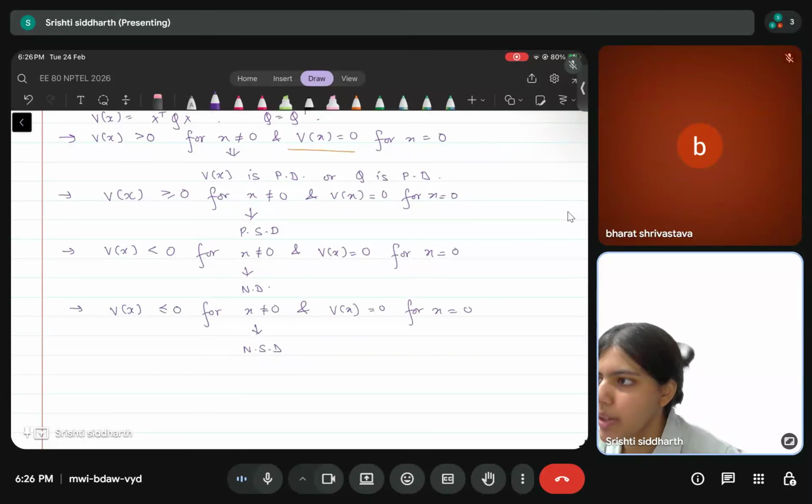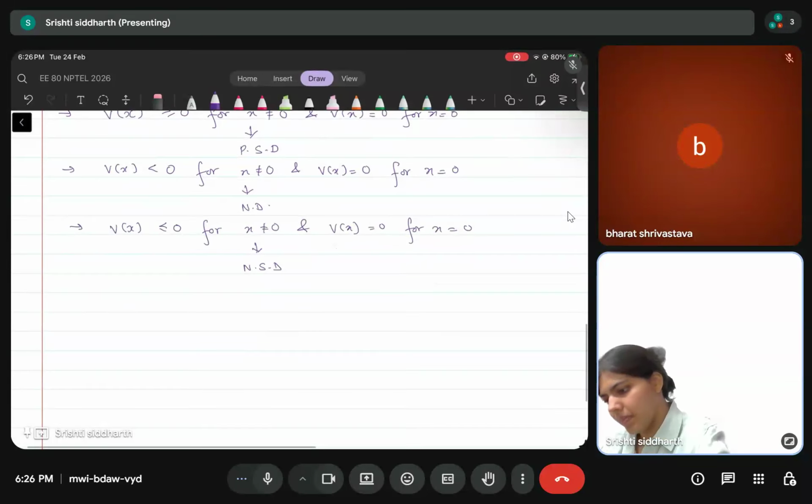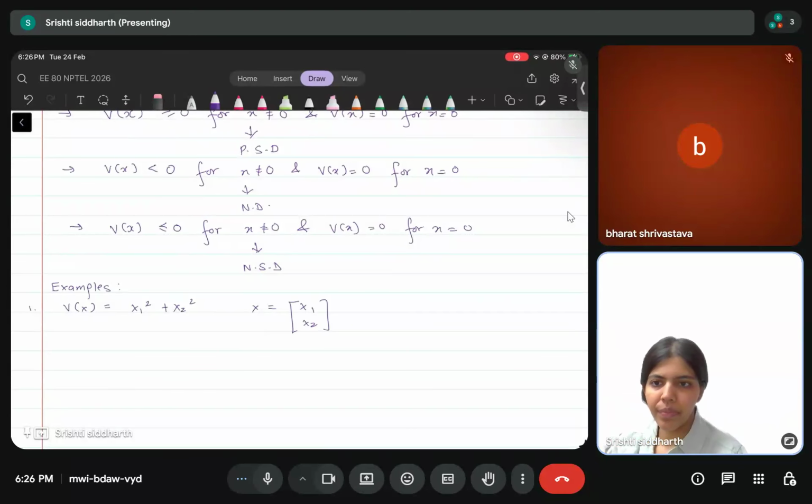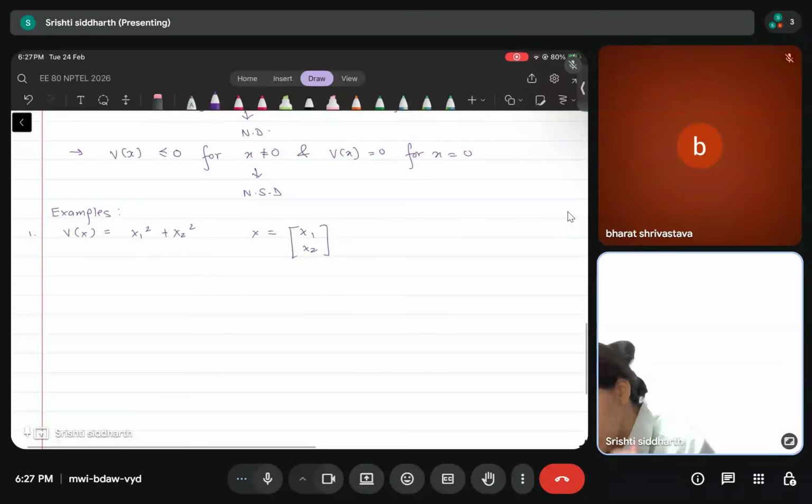So let's look at a few examples. Let V of x be x1 squared plus x2 squared. In this case, x is two-dimensional.